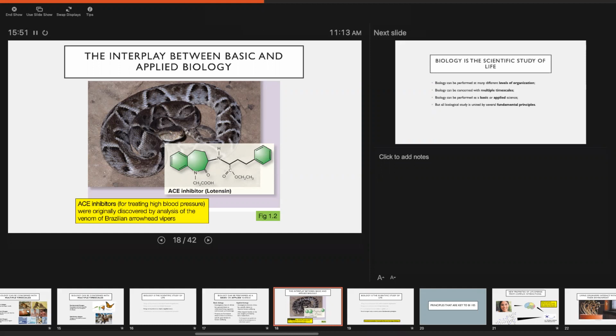But we weren't looking for a blood pressure medication when this venom compound was discovered. This was just something that the scientists who were studying the pit viper were interested in. And then when they discovered that it lowered blood pressure, different scientists then tested this as a medication, and now it's a very common medication used for blood pressure lowering.